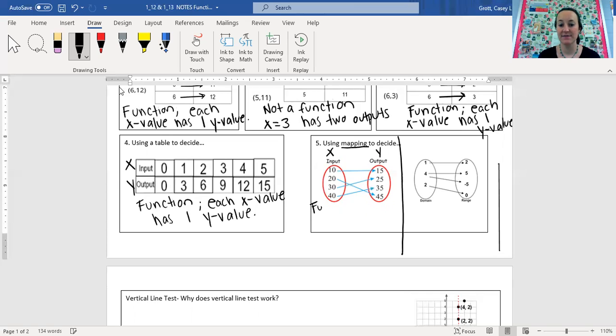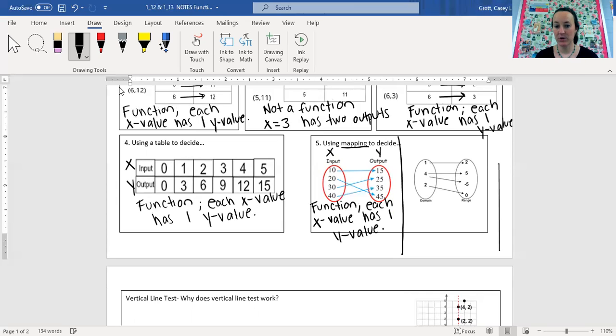Yes, this is a function. Each X value has one Y value. X does not repeat. It only goes to one Y value. It only has one arrow coming off of it.